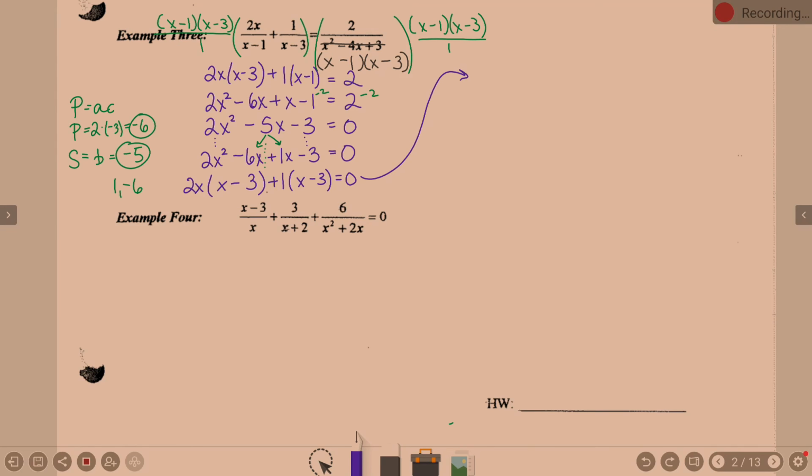Parentheses match. Remember, that's the good thing. That's what we want to happen. So one of my parentheses is the matching parenthesis of x minus 3. When you take out those matching parentheses of x minus 3, the other pieces that remain are 2x plus 1.